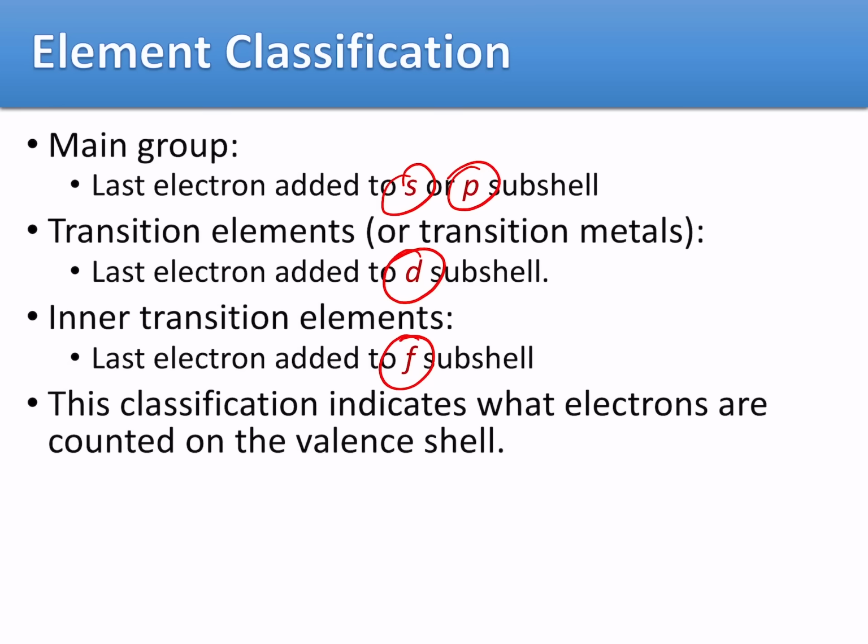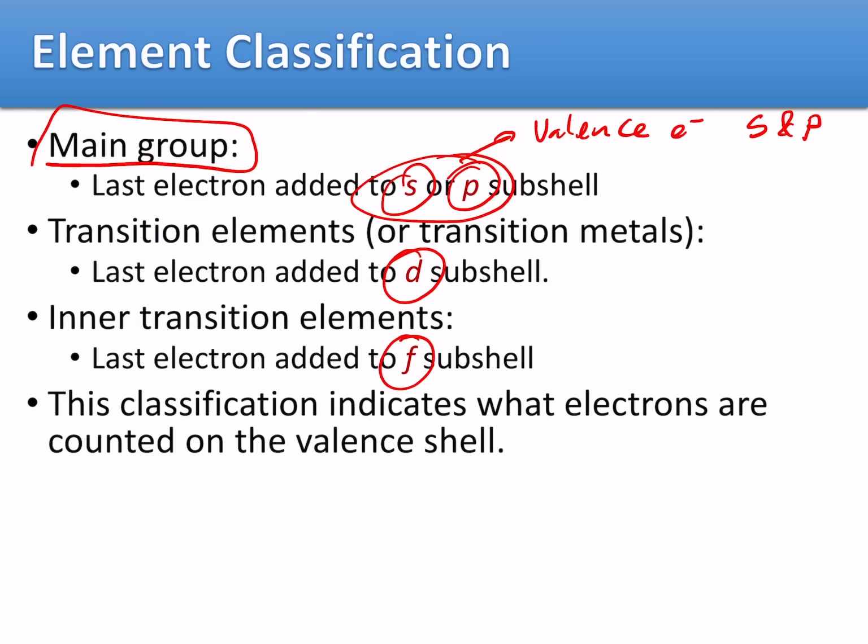So for example, for a main group element, because the last electron is added to an s or p orbital, those are the only ones that you consider as valence electrons. So for main group elements, the valence electrons are in s and p orbitals. But for transition elements, you also count the d orbitals, the d electrons.